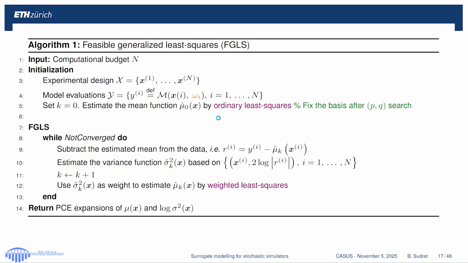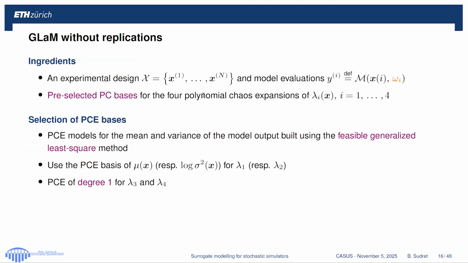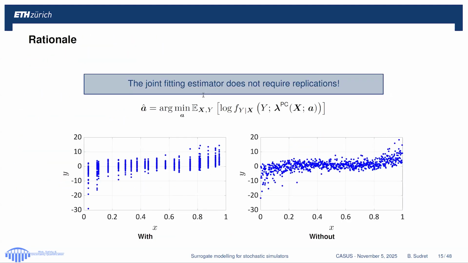So this is, well, I will not go into the detail, but it's basically how from a set of points like this one here with no replication, you can alternatively fit the mean function that you would get by polynomial regression, but also the variance, which here on those points is also non-homoscedastic.